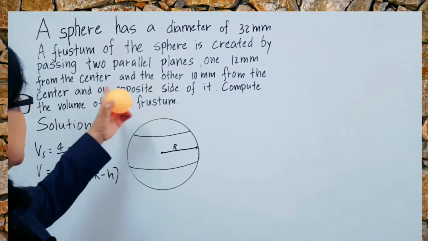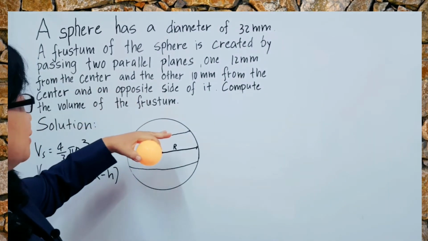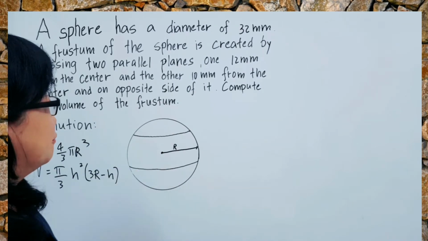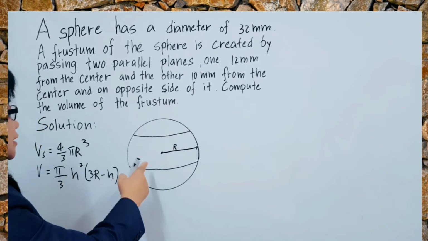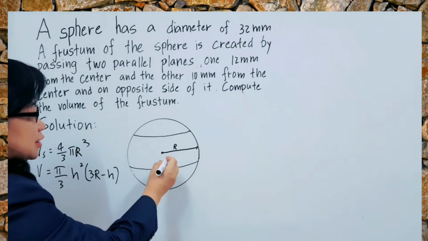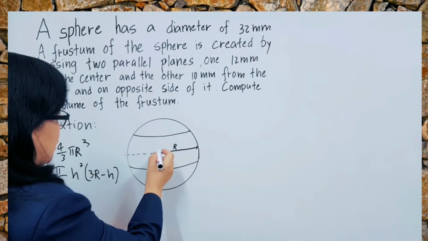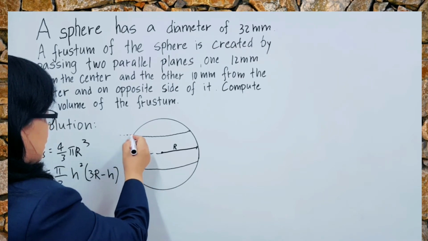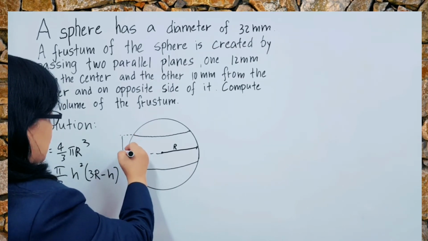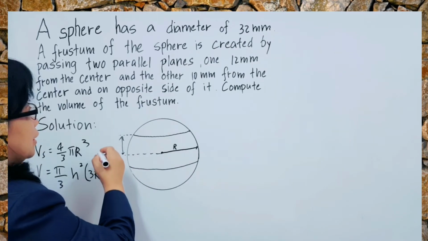Now, it is written here that two parallel planes, one 12 mm from the center. So, this is the center, and this is 12.